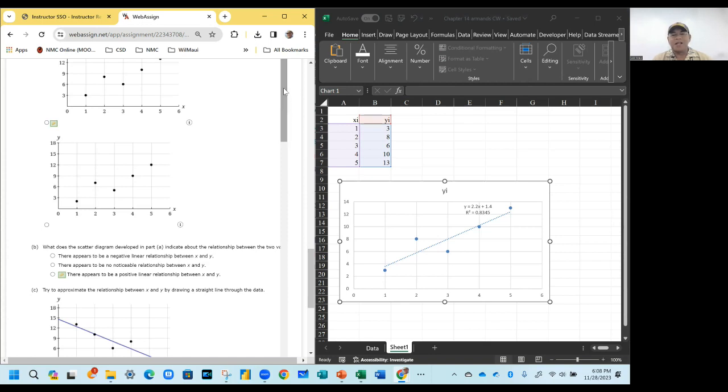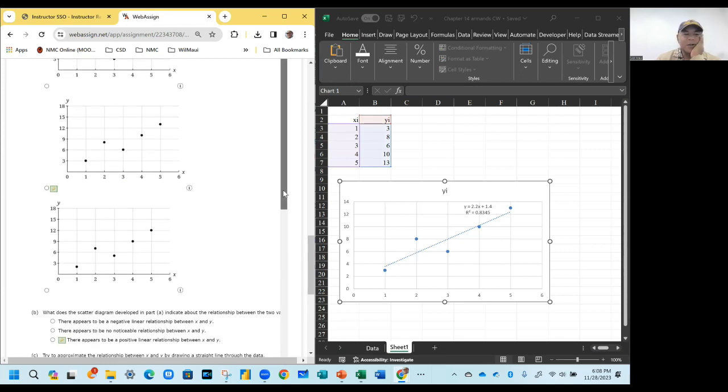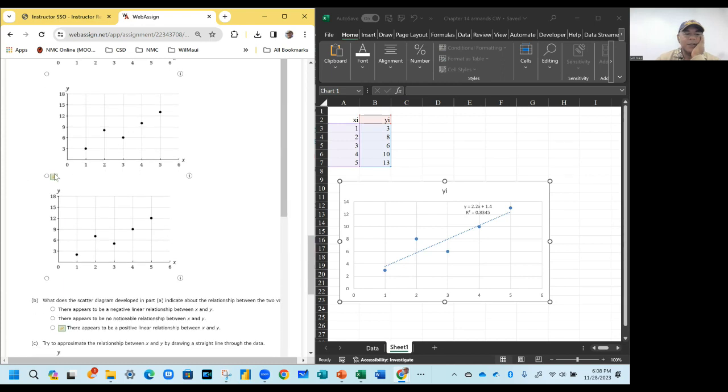There's a couple that are kind of close, so you have to make sure that the values are right. Notice the scale before you make the choice of which one. Obviously the choice is going to be where the scale matches, no? So that's the one, this one is.